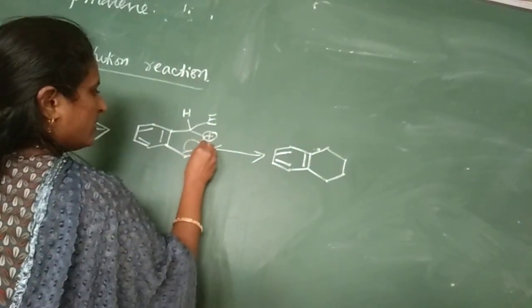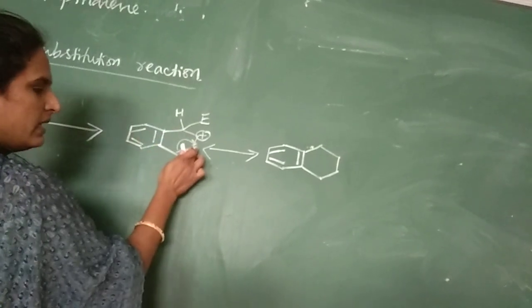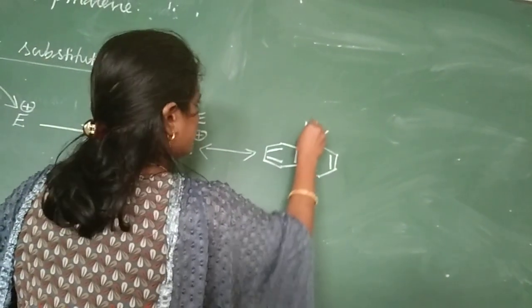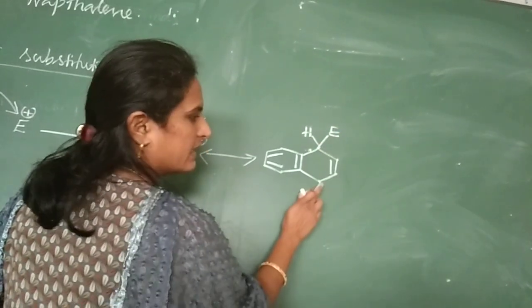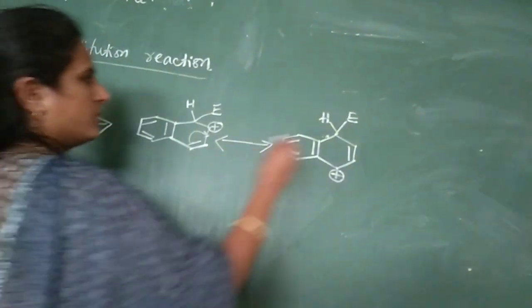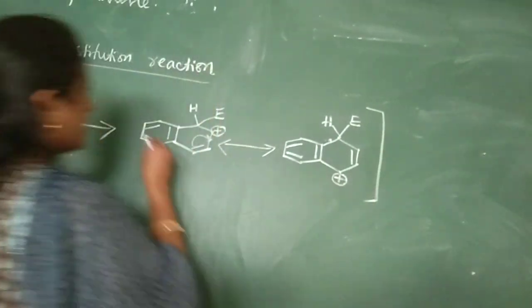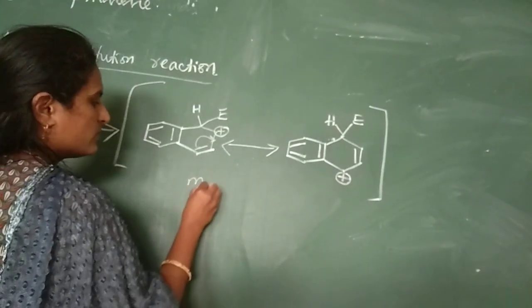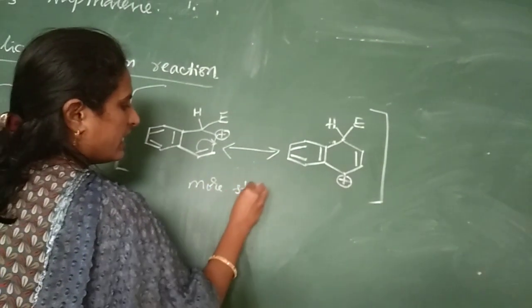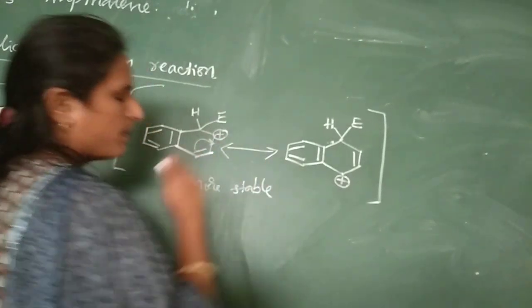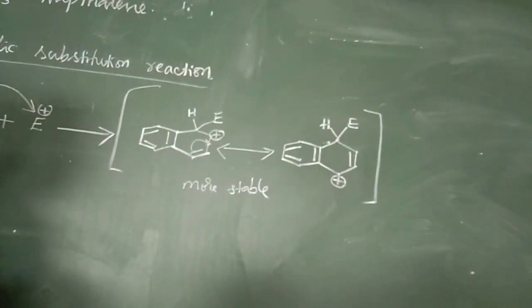Here this double bond moves to this side. Here this carbon atom shows the positive charge. These two are the intermediates, and they are called the more stable intermediate because they show a number of resonance structures.